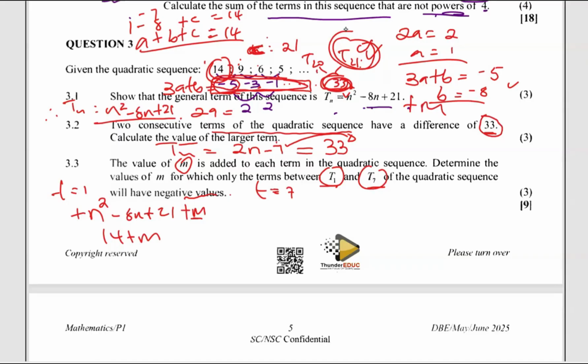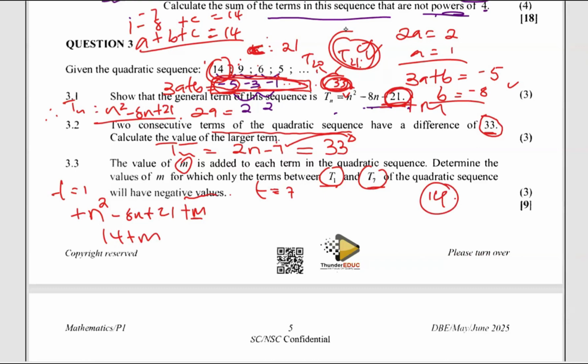So that's going to be 7 squared minus 8 times 7, and then plus 21, which gives me also a 14 as well, okay, which is good. But then we know that our constant term is just a 21, which is the C value.